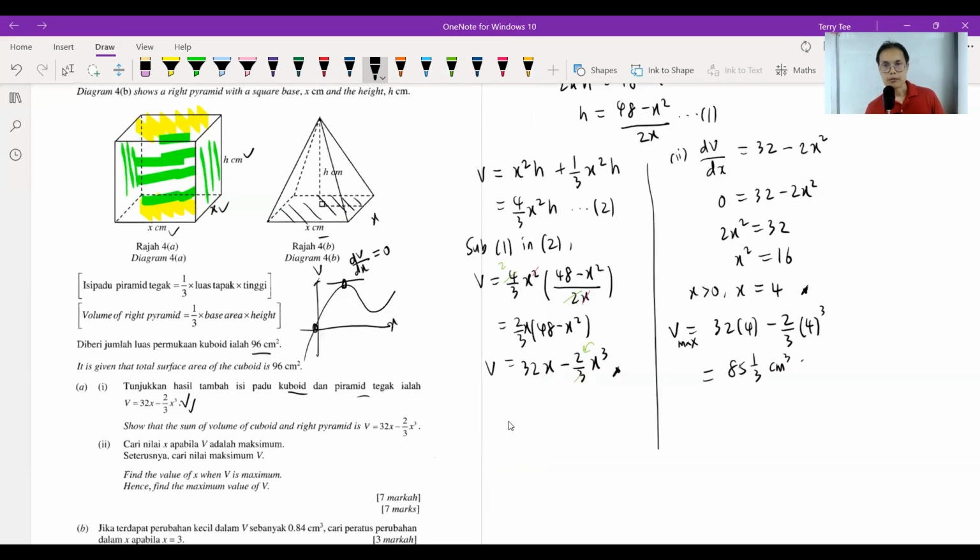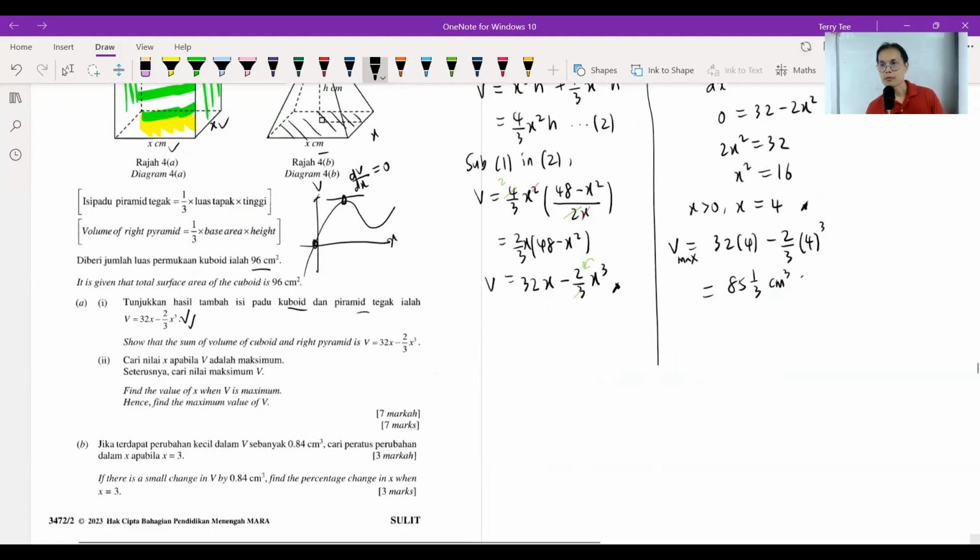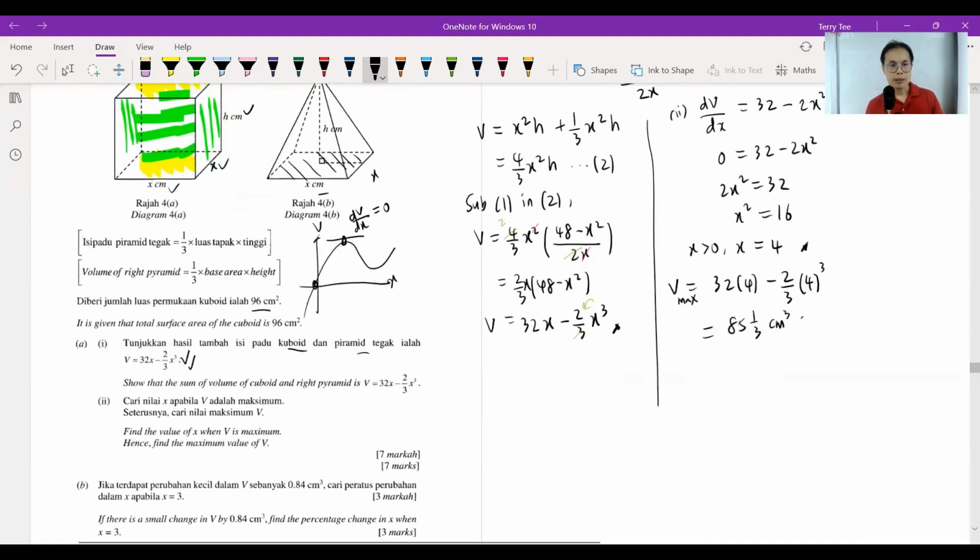Now next part. They say terdapat perubahan kecil dalam V sebanyak 0.84. Cari peratus perubahan dalam x apabila x is 3. So this one we use what we call tokokan kecil, or small change and approximation. So when your delta V increased by 0.84, I'm looking for the percentage of change, peratus perubahan.